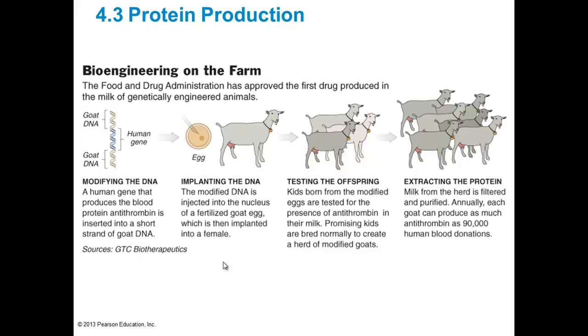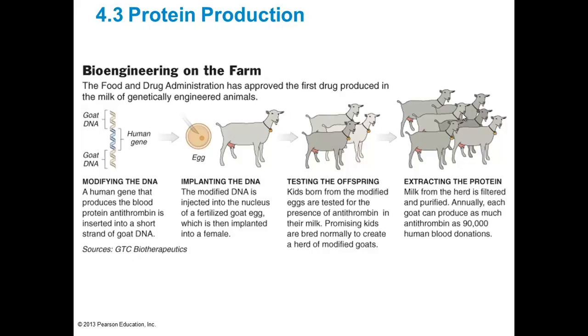But the initial genetic engineering, where you actually take the human DNA and integrate it into the goat DNA in this particular case, then you implant the DNA into a fertilized egg, and then the egg is implanted in the female. Then you test the offspring to see which ones are genetically modified, and the ones that are genetically modified, the females, then you milk them, and you simply extract the protein from the milk.